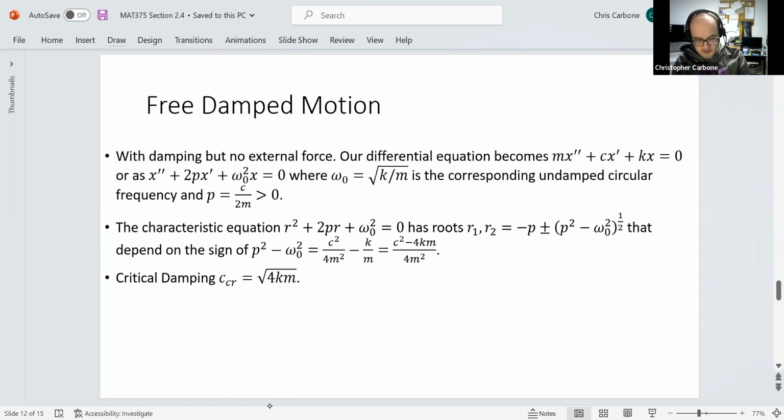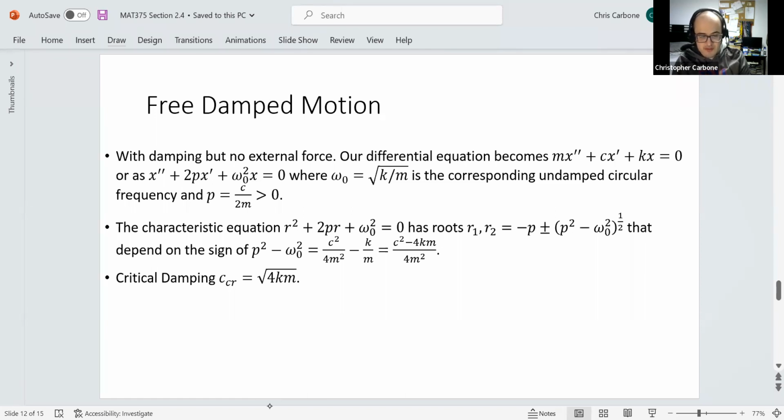So we have a characteristic equation r squared plus 2 times pr plus omega sub 0 squared is equal to 0. We have our roots being negative p plus or minus p squared minus omega sub 0 squared to the 1/2 power. And depending on that sign, we could have differences with this particular calculation.